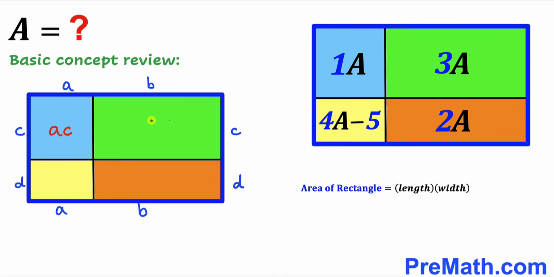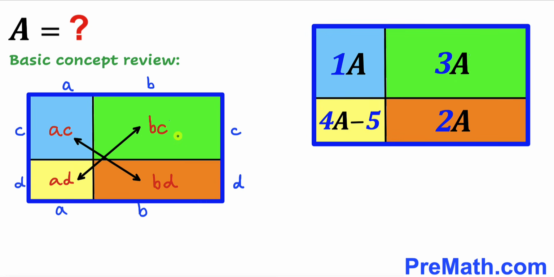Therefore, the area of this green rectangle has got to be b times c. Now the yellow shaded rectangle, whose side lengths are a and lowercase d. Therefore, the area has got to be a times d. And finally, the orange shaded rectangle, whose dimensions are lowercase b and lowercase d. Therefore, the area of this orange shaded rectangle has got to be b times d.